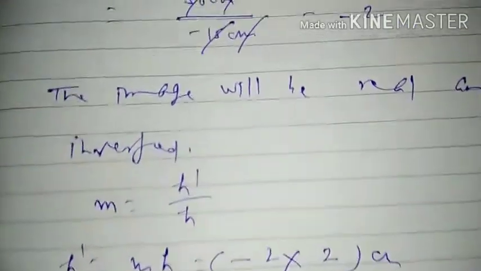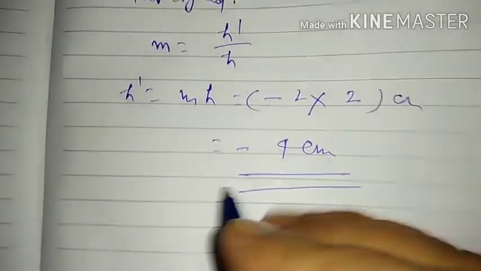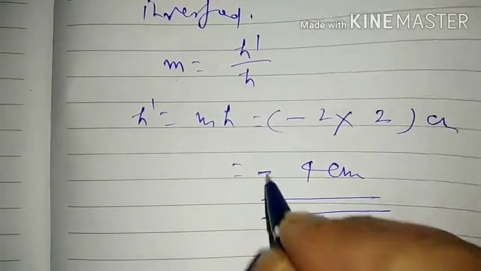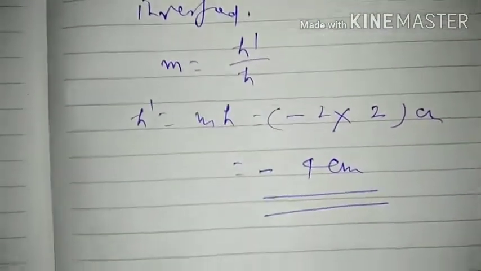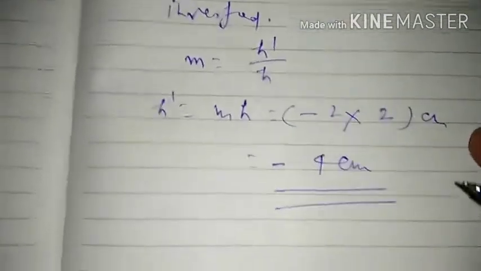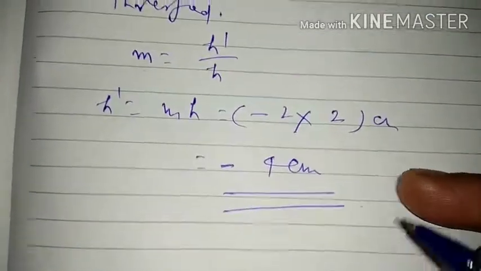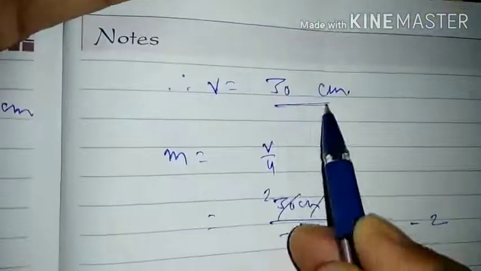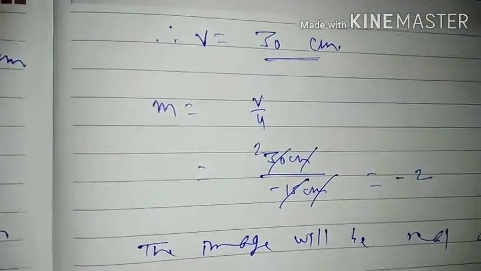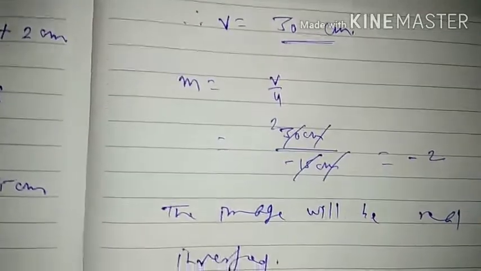So height of the image will be 4 centimeter, and the negative sign before height of the image shows that the image is inverted. It is real, inverted, magnified, and the position of the image is at the right of the optical center.